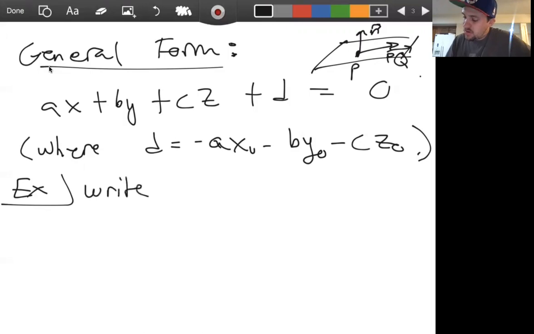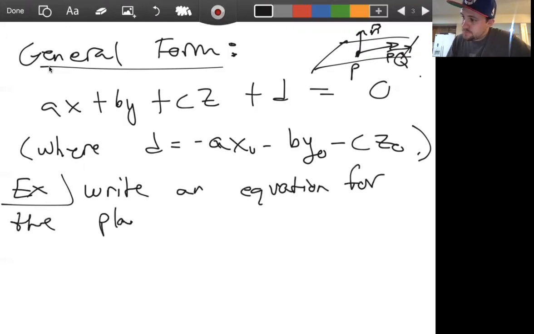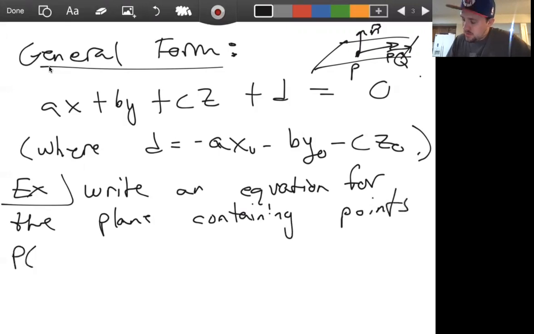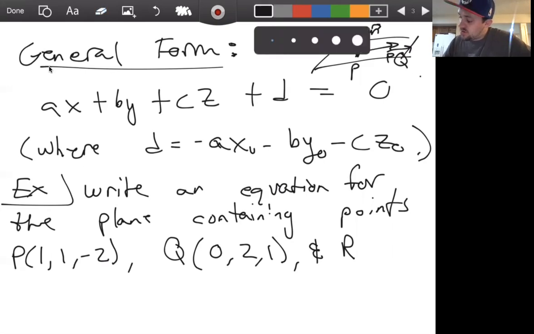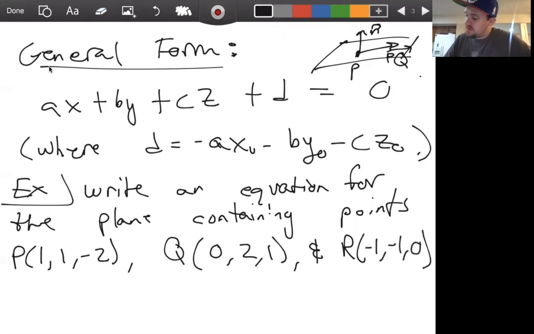So now that we have an equation for a plane, let's do some examples. Let's look at the following example. Let's write an equation for the plane containing points P, which we'll say is 1, 1, -2, Q, which is 0, 2, 1, and R, which is -1, -1, 0.